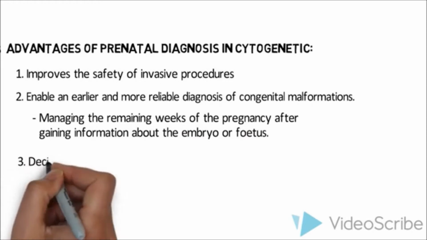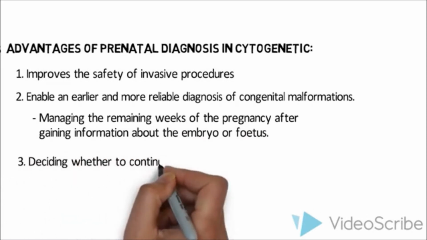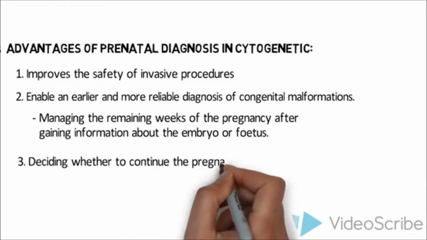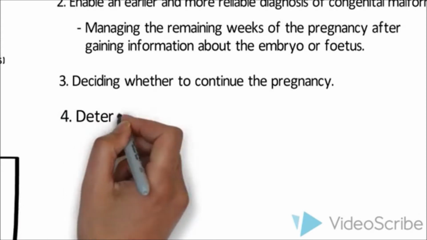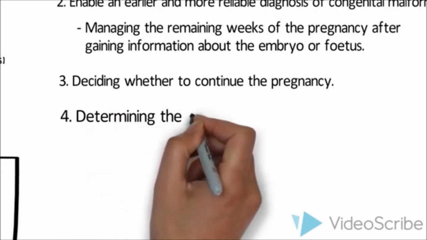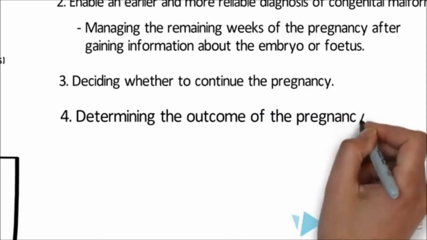The third one, we can decide whether to continue the pregnancy or not after gaining the information about the embryo. Next, we can determine whether the outcome of the pregnancy is good or bad.